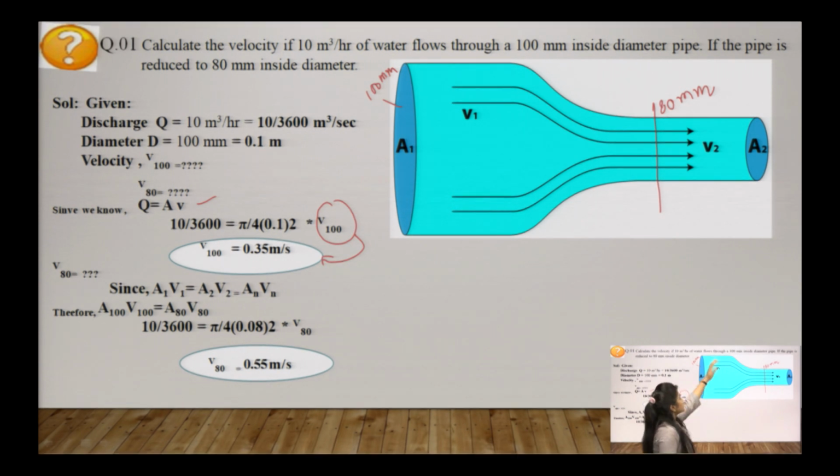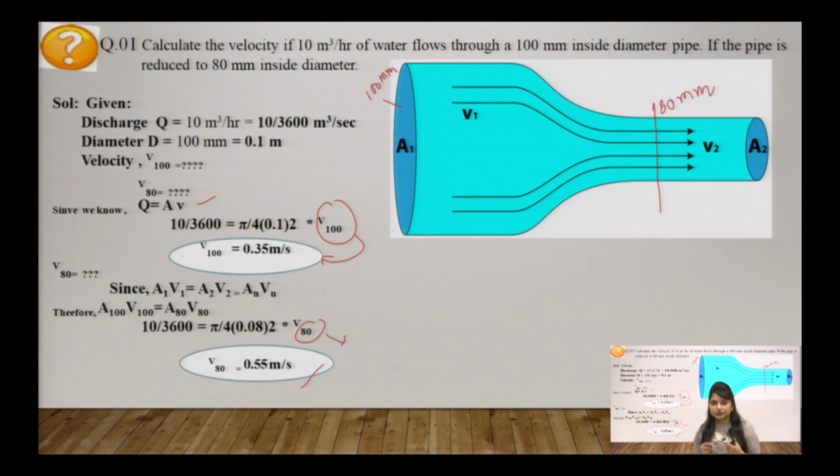With the help of this, the amount of discharge for the 100 mm pipe will be equivalent to the amount flowing to the 80 mm pipe also. So we substitute the same discharge, 10 by 3600, that is 10 meter cube per second, times the cross sectional area into the velocity of the pipe having diameter 80 mm, and after calculation you get the answer as 0.55 meters per second.